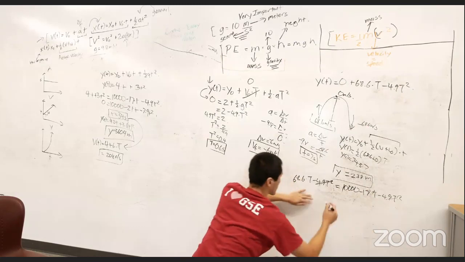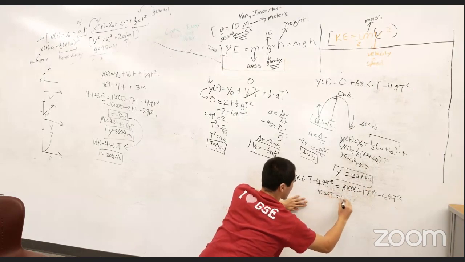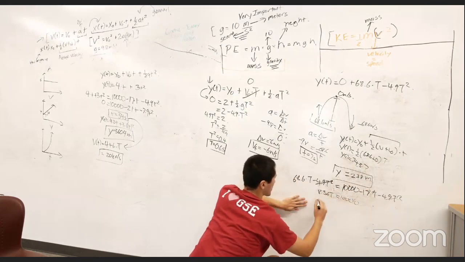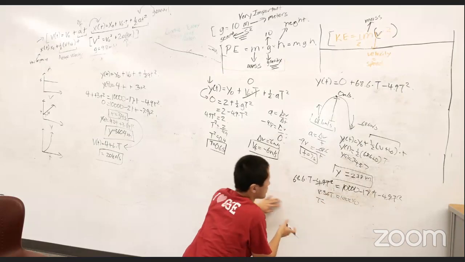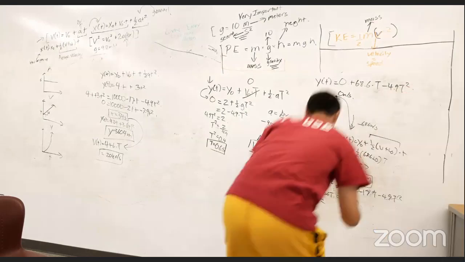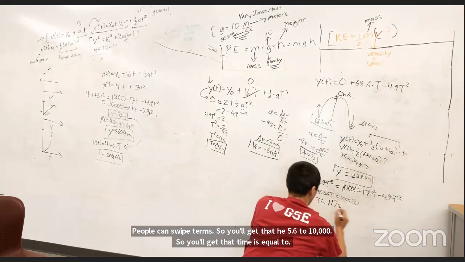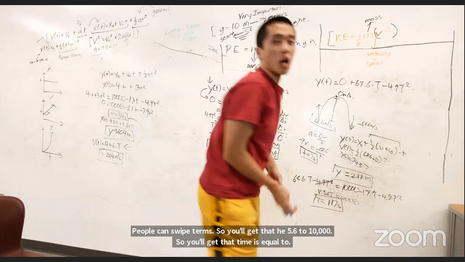So you'll get that 85.6 T is equal to 10,000. So you'll get that time is equal to, what is time equal to? Like, 116 seconds. And so since there is an intersection, that means the missile does hit the asteroid. If there isn't an intersection, then it doesn't hit the asteroid.